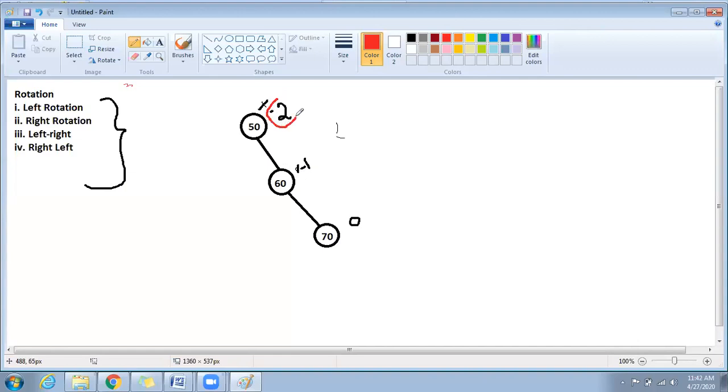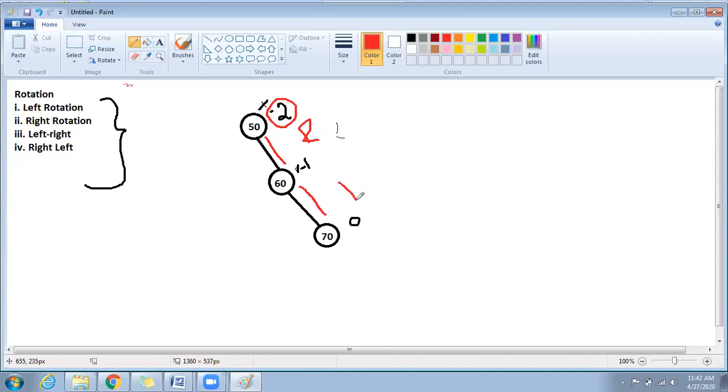This is the place where the height balancing factor is violated, correct? So you have to start from this place. Whether it is left or right?